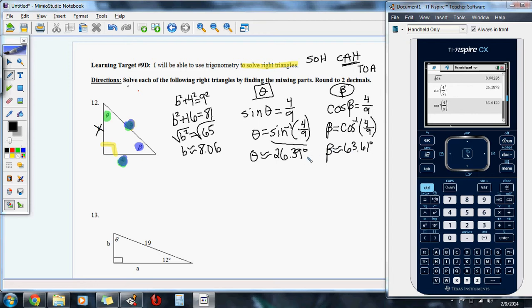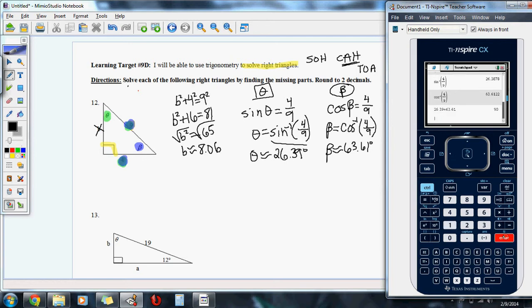All right, so now if we look at these two angles, I want you to notice something. 26.39. That's the answer I got for theta. This is very important. Plus 63.61. If I hit enter, look at that. 90 degrees. That should not shock you.